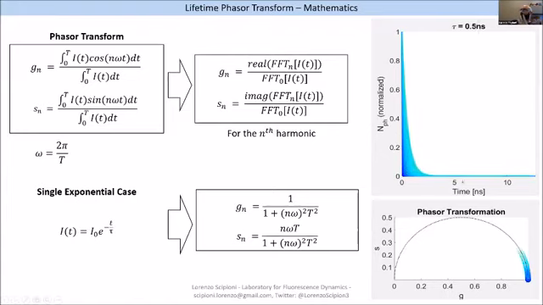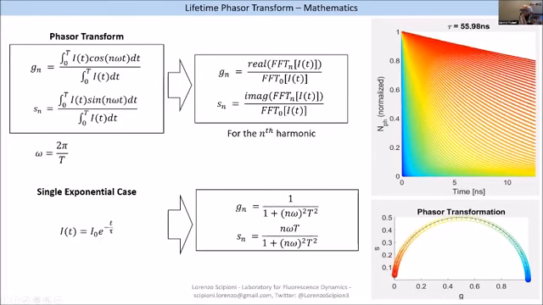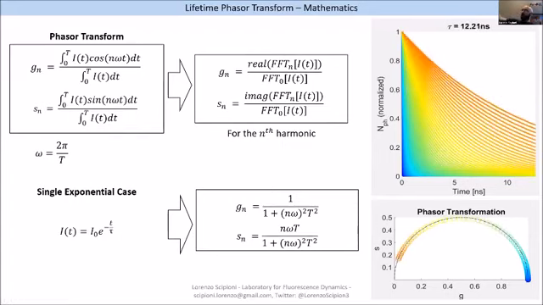And then the longer the fluorescence lifetime becomes, the more this will shift along this universal semicircle until you will have something practically flat that will be exactly in 0, 0, right? This is what happens when you transform that.